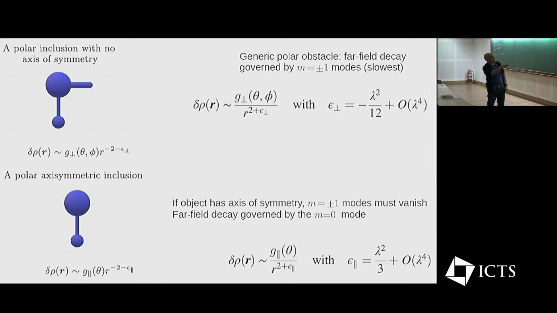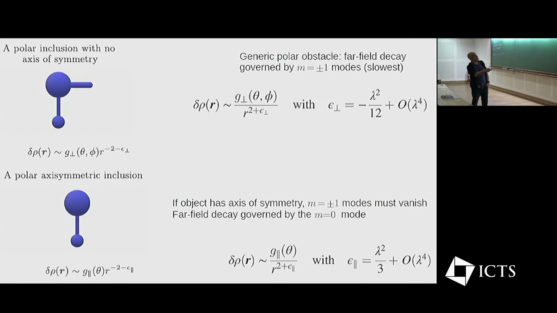The special case of a polar axisymmetric inclusion is one in which the amplitudes of the m equals plus or minus 1 modes by axisymmetry are 0. And so you get a decay that's 1 over r to the 2 plus a certain quantity. So these are the two things that one has been able to calculate for this problem.